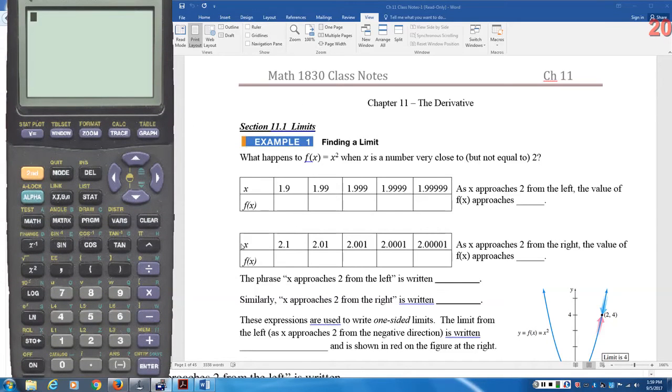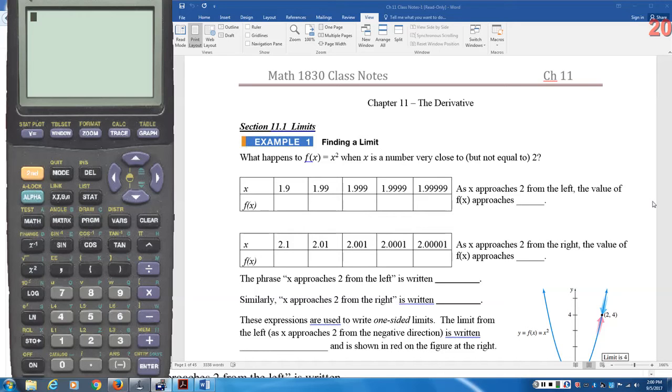The idea of a limit is we're letting x get close to the number we're trying to find a limit at, but we don't really care. We know that if f of x is x squared, and x was equal to 2, we know what f of 2 is. f of 2 is 2 squared, and 2 squared is 4.